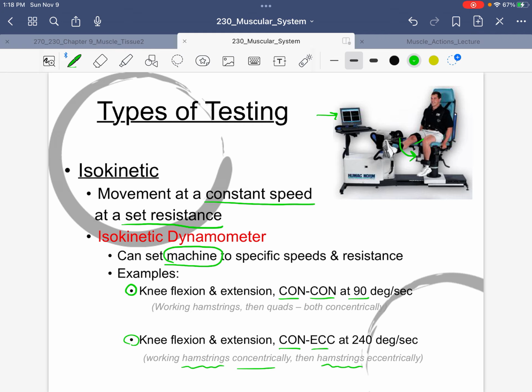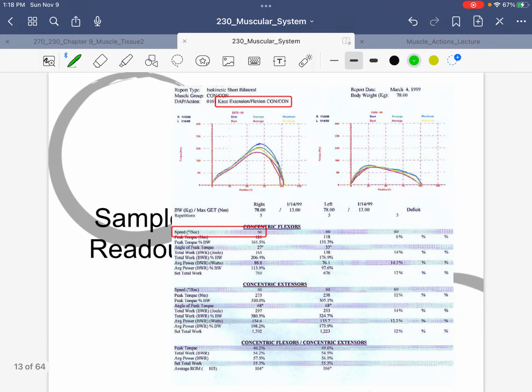That moves the hamstrings. But instead of pushing back out, now the unit is going to give force this way, and it's going to force you to contract your hamstrings to slow going back up. So I could use the machine to set resistance. Either the pads here will push or pull to purposely cause me to contract a muscle group concentrically or eccentrically.